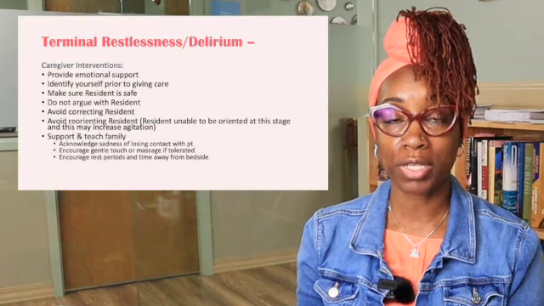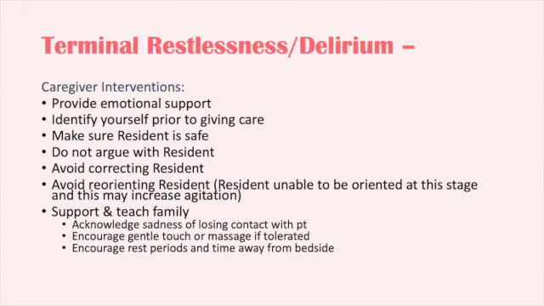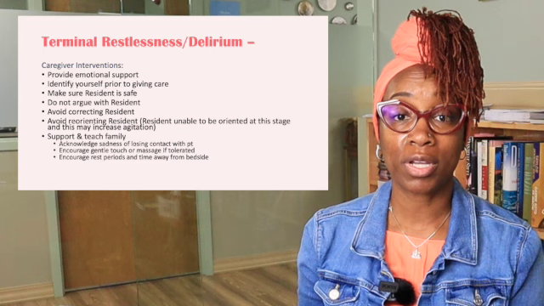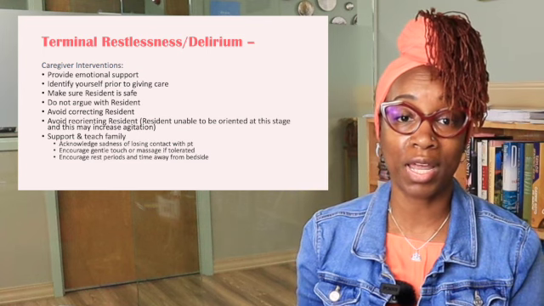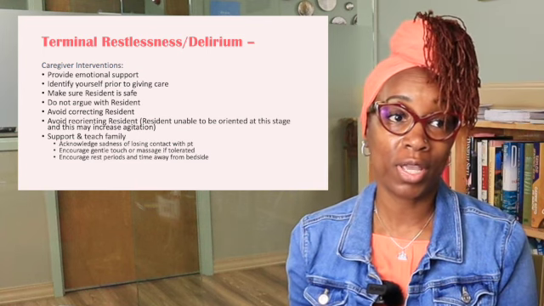Provide emotional support as a caregiver. Make sure that you let the resident know who you are before you provide that care. Make sure the resident is safe. If you know they're getting out of bed, it may mean that we have to put a bed alarm on, or sometimes push the bed up against one side of the wall so they can't get out both sides.